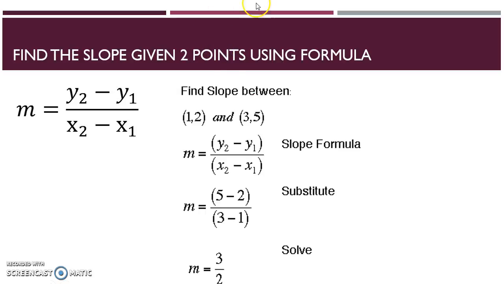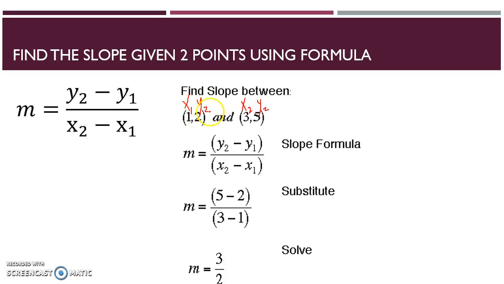If we want to find the slope between 1, 2 and 3, 5, we simply plug into this formula. Here we are. This would be our x sub 1 and our x sub 2, our y sub 1 and y sub 2.